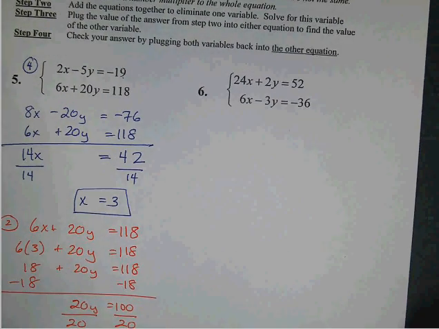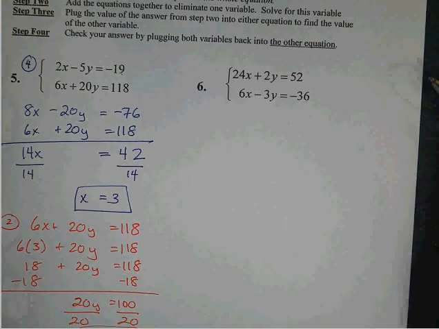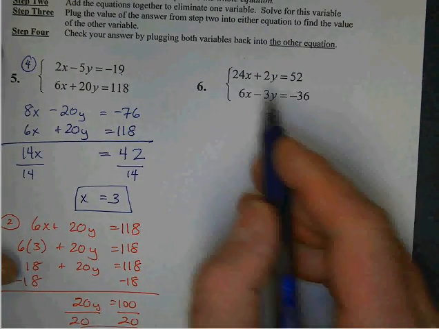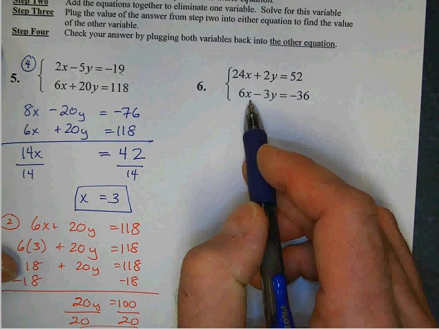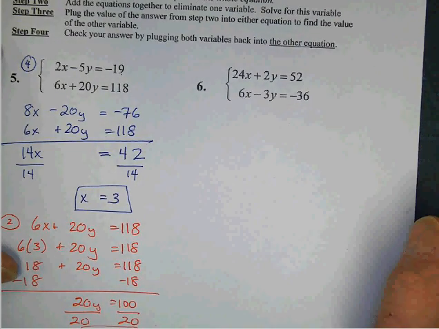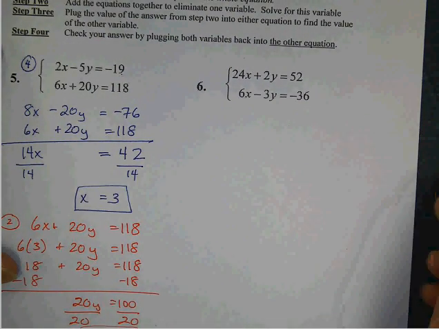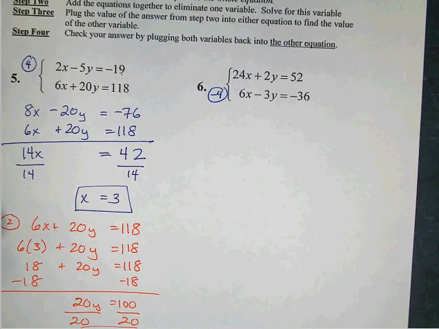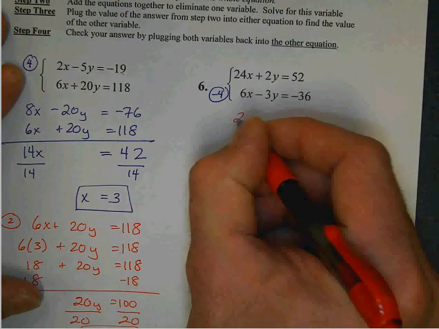Someone else, help me. What do you want to drop out, the x's or the y's? I hear x, okay? So I have 24 and 6. How am I going to get this to work? Excellent. Multiply the bottom one by -4, because that gives you that -24. So let's recopy the top equation exactly.